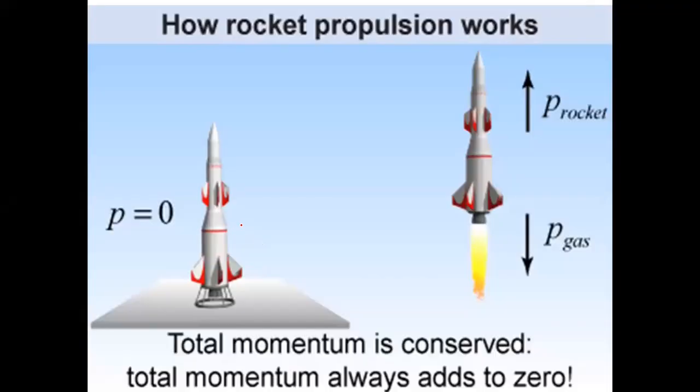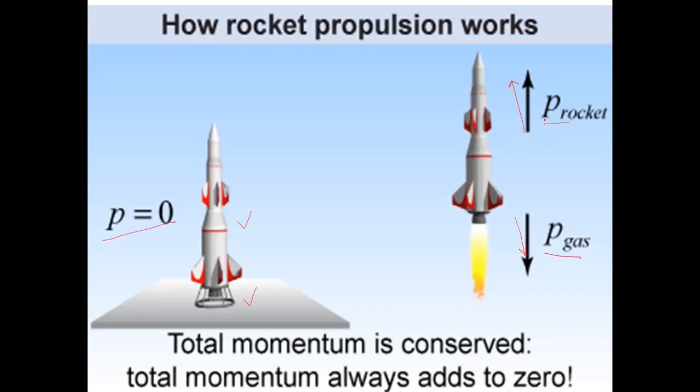Before launching, the rocket and the gases are at rest, so their initial total momentum is equal to 0. After launching, the rocket moves in the upward direction and accelerates, and it has some momentum, and gases are exhausted, and they also attain some momentum in the backward or downward direction.